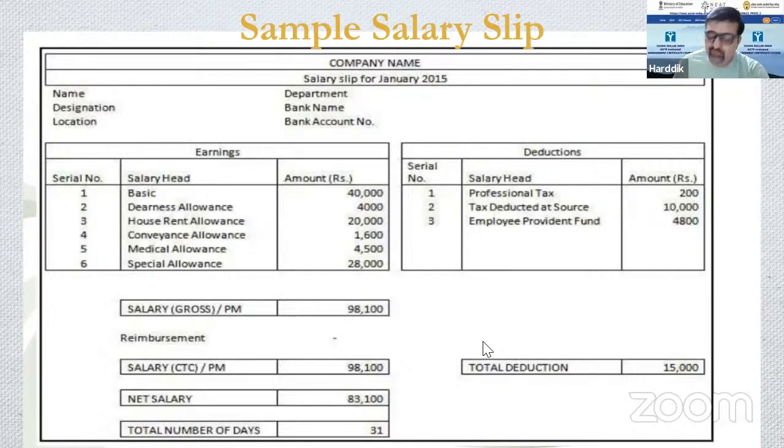So 98,1,000 is the gross, from that 1,500 is deducted, so 83,100 is your net salary. We have seen how to calculate. This is the representation of a salary slip. You may use Google, you may use your own brain, you may design a salary slip that can have maximum information available, for the month of June, where you have 6 days absent, I think 8 days absent.